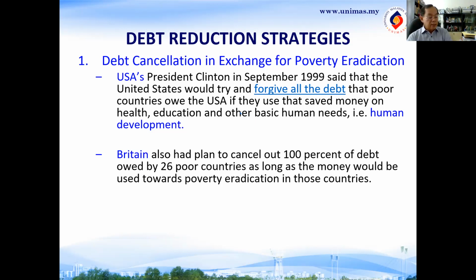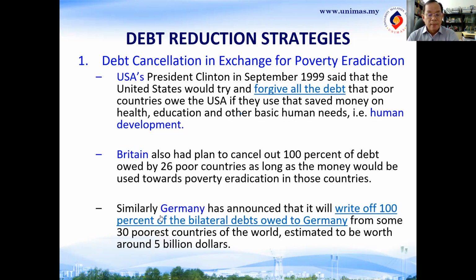Ya, jadi kira hangus lah, tak payah perlu bayar, tetapi dengan harapan uang tersebut boleh digunakan untuk poverty eradication programs di negara tersebut. Germany also follow suit. Also has announced that it will write off ataupun cancel 100% of bilateral debts owed to Germany from some 30 poorest countries of the world, estimated to be worth about 5 billion US dollar.